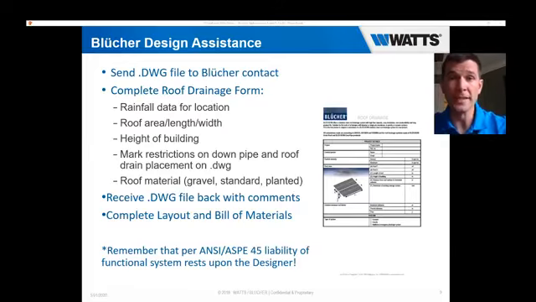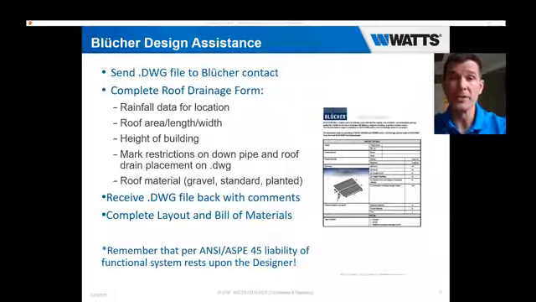What BLÜCHER does is we have a process set up to receive the drawing file of the building layout, along with a completed form, shown on the right of the screen here, that answers the basic questions you would for any roof drain system: rainfall data for collection, the height of the building, the roof area, length and width, and marking any restrictions on the downpipe and roof drain placement based on things we can't get around from a design standpoint.